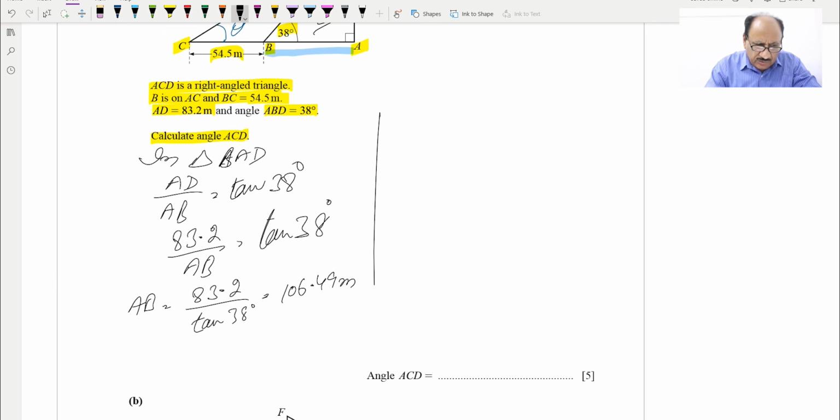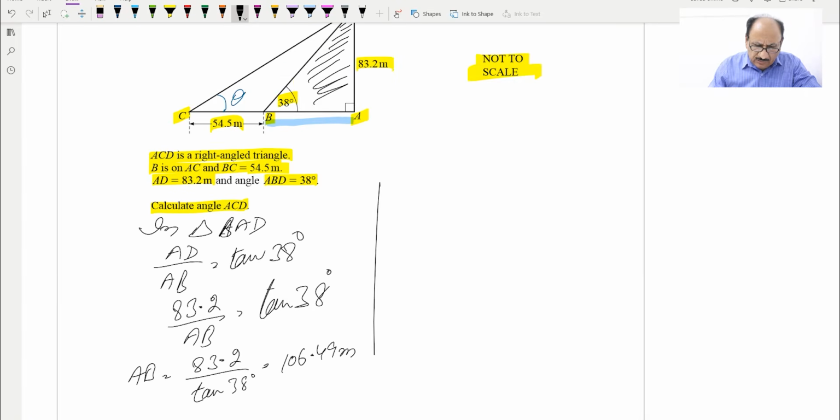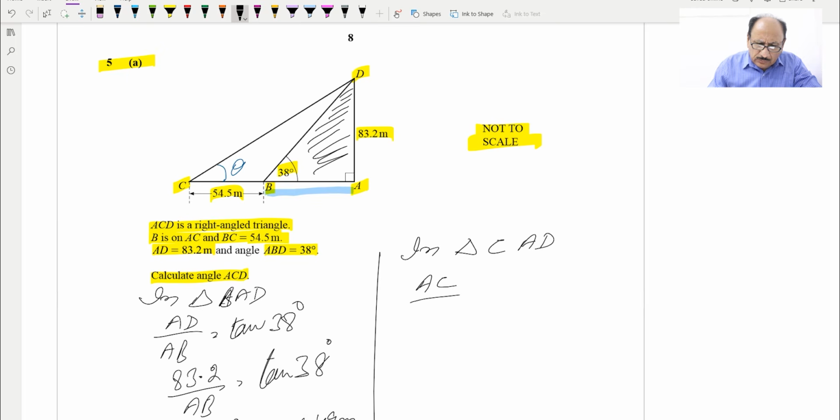Now next, in triangle CAD, we can write AD over AC. AD over AC will be equal to tan of theta.